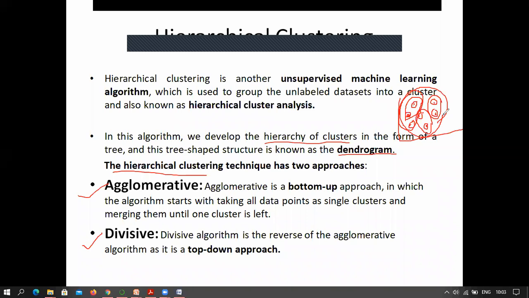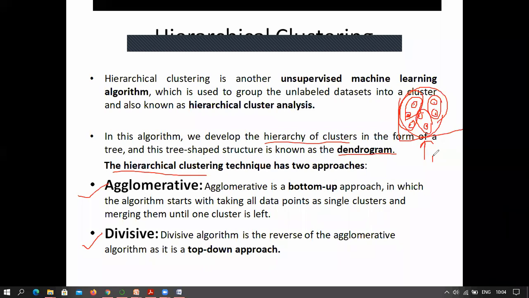So first I assumed that each data point is a different cluster, and then we find the distances, and depending on the shortest distance, we combine the clusters into one cluster. These steps are repeated until we get one cluster. Then using this tree-type structure, I will tell you later how to create it and how to find the optimal number of clusters to take.